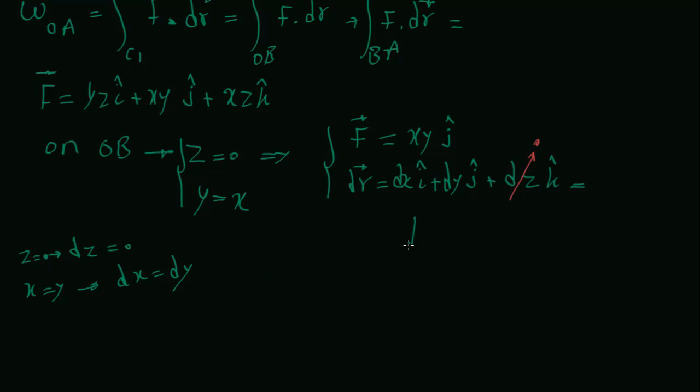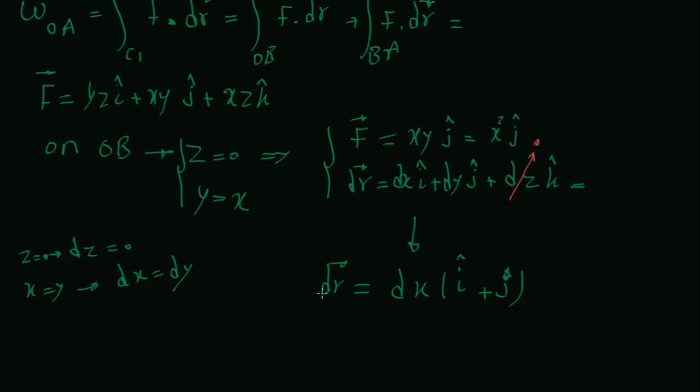Therefore, dr is equal to dx i plus j. We had F, which is xy in the j direction, and because x is equal to y, we can write x squared in the j direction.